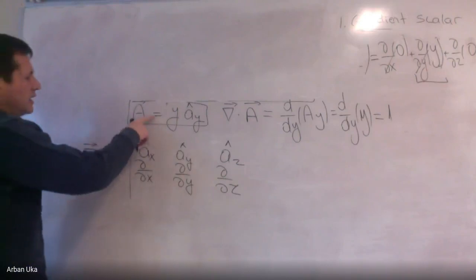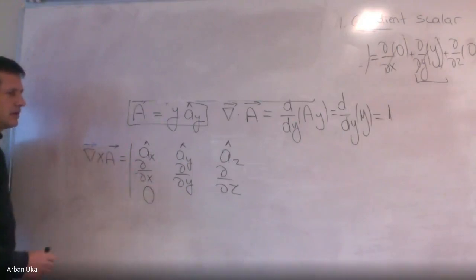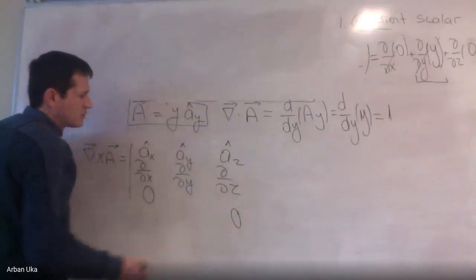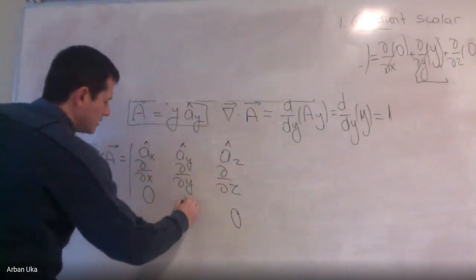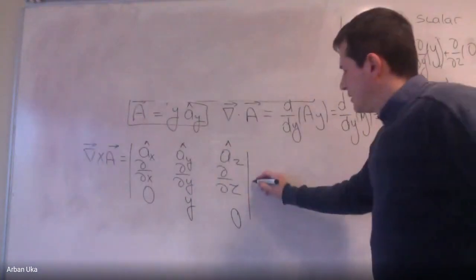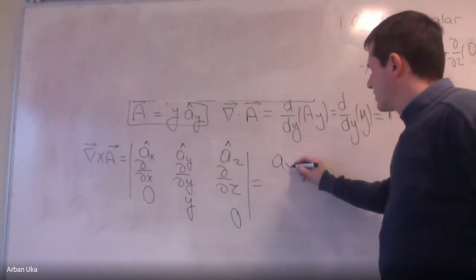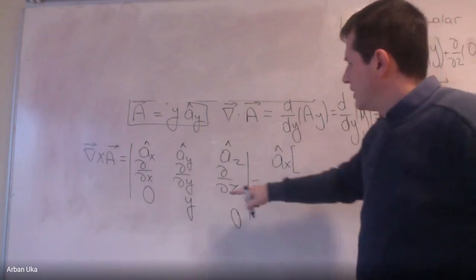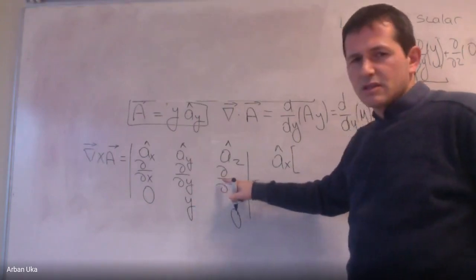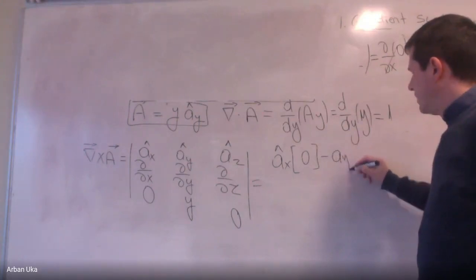And the A, in this case, what is the component of A along the x-axis? It's 0. We have no component of this specific vector A along the z, so this is also 0. And the component of y along the y is this one. Then we can try to figure out the component along the ax. Along the ax, we have the derivative of y with respect to z. This is also 0. So actually this is null, minus ay.